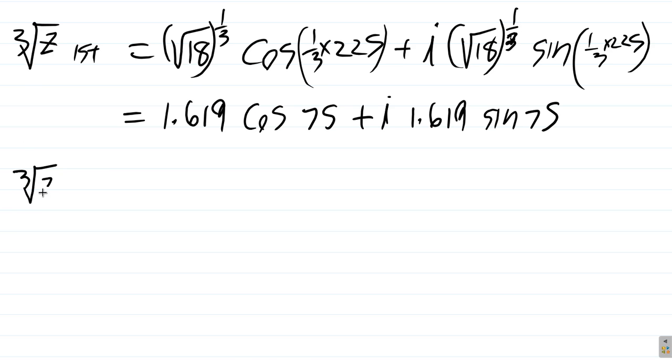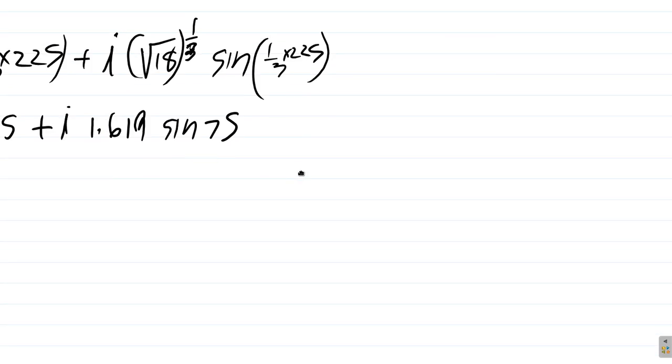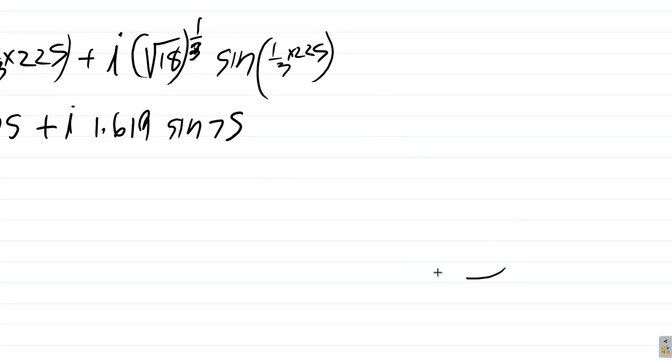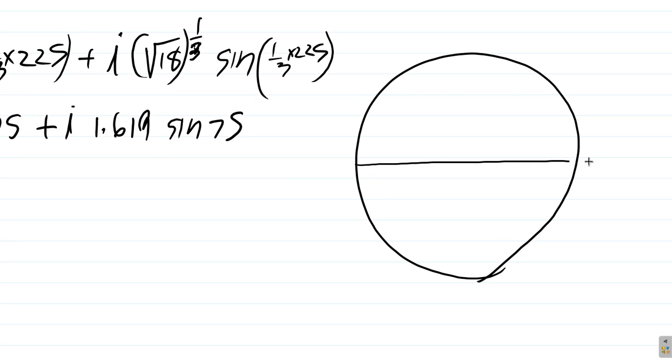Now the cube root of z, call it the second cube root of z. Now remember, if you should draw the unit circle and the Argand diagram, you're going to have 75 about here. This would be the first z. Now the three cube roots will be separated by 1/3 of 360, which is 120.